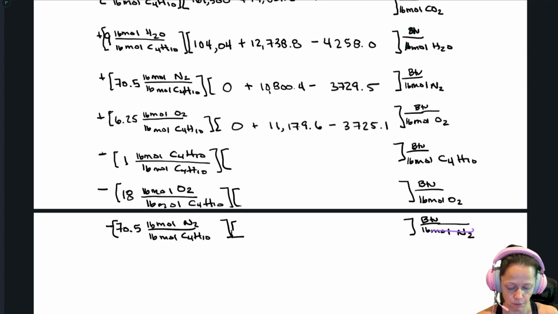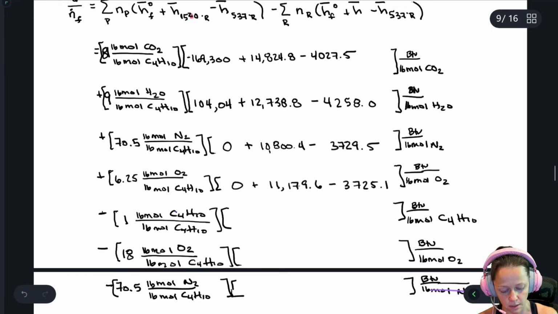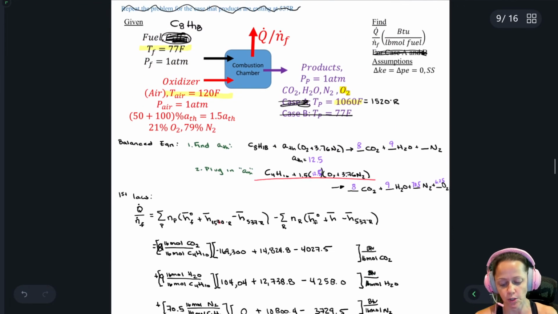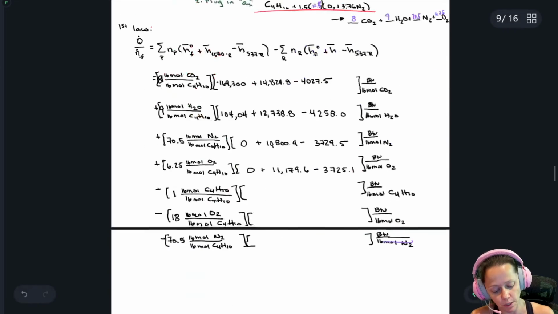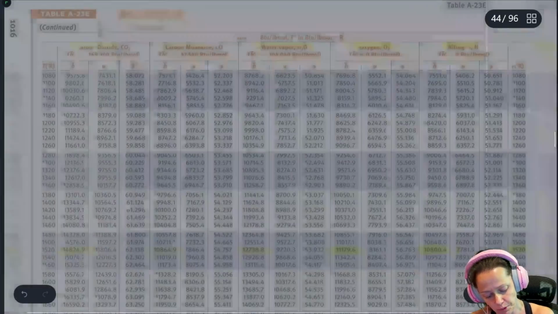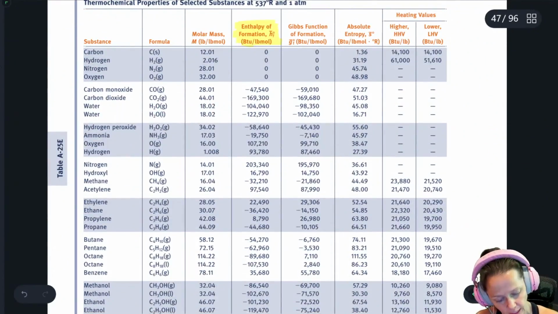Let's move on. I'm not going to worry about the fuel right now. Actually, I will. So we're at the product side. You may notice table A23E doesn't have any tables for H bar for fuel, and that's okay, because we do have an enthalpy of formation value that we can pull off at A25E.